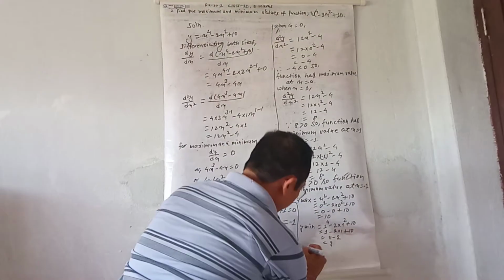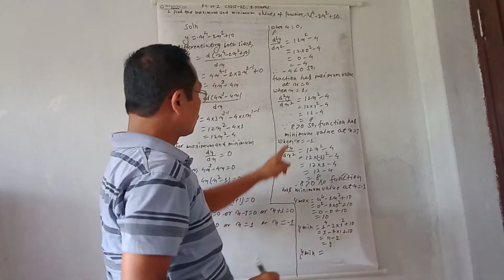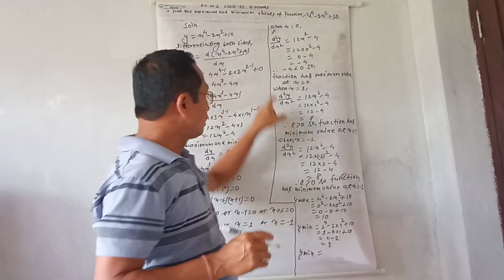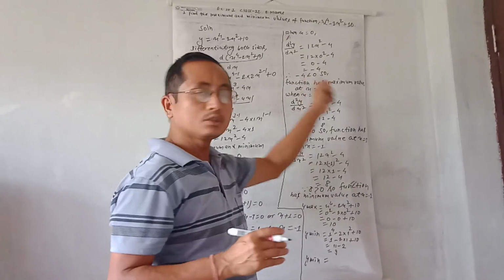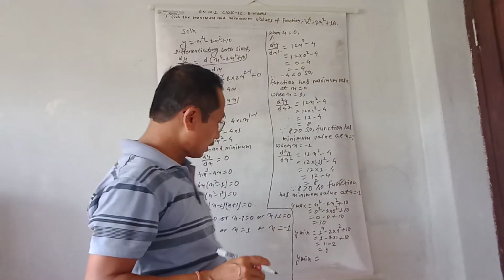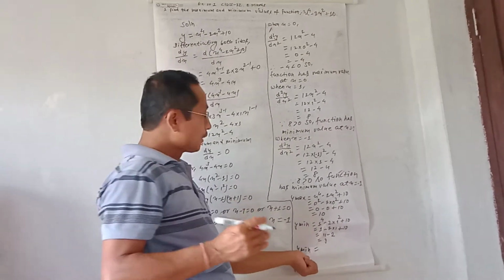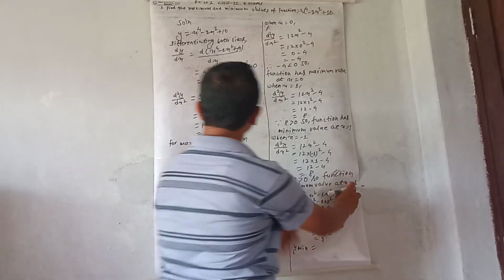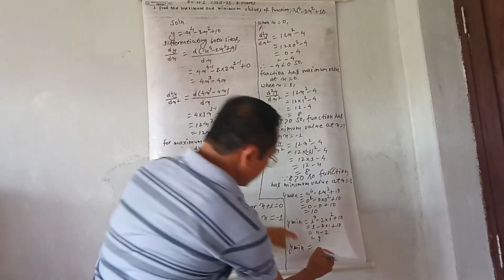In a similar way, for the y minimum value when x is equal to -1, because I have told you this function has two minimum values. One is when x is equal to 1, the other is when x is equal to -1. So for the second minimum value, we put x value -1 in the given function x power 4 minus 2x square plus 10.